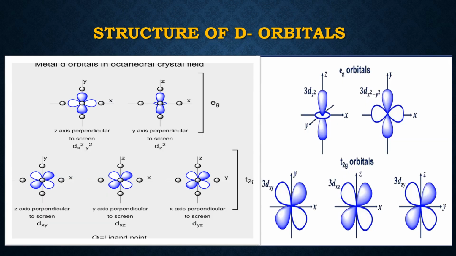This is the structure of the d orbital. You see the d orbitals here: dxy, dyz and dzx.